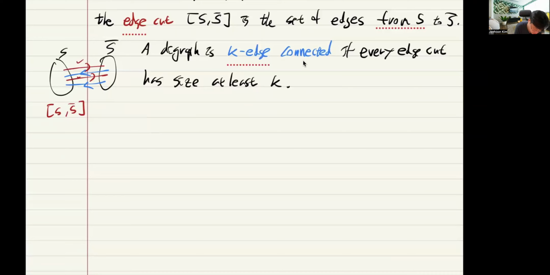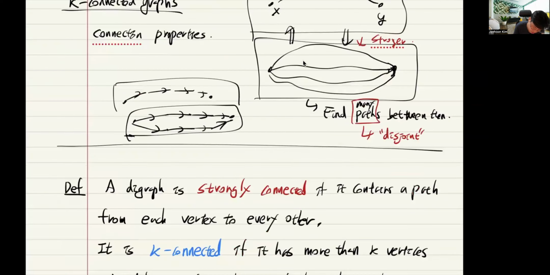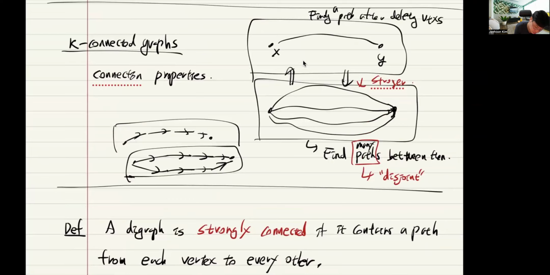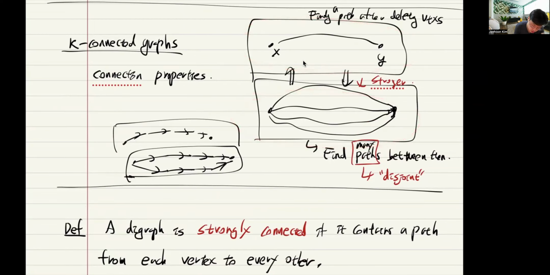So now what we want to do is define some parameters and concepts related to these two different kinds of connectivity. Here, the main concept is separation. We want to delete vertices to separate these two. How many vertices do we need?